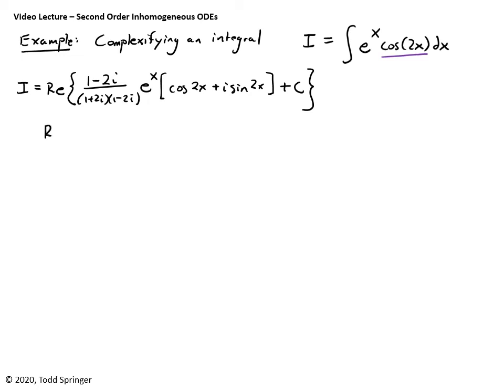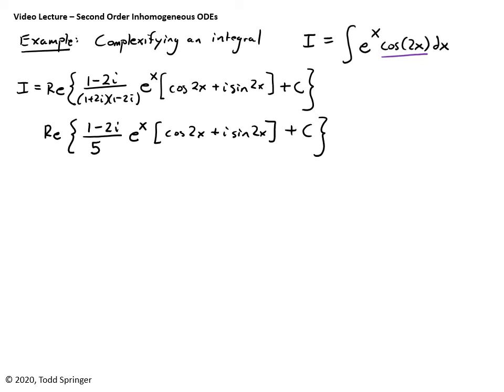Okay, so what am I going to have? 1 minus 2I. The denominator here is a number times its complex conjugate, so I'm going to get the real part squared plus the imaginary part squared. So 1 squared plus 2 squared, so it's 5 times e to the x. This part stays the same, cos 2x plus I sine 2x plus a constant.